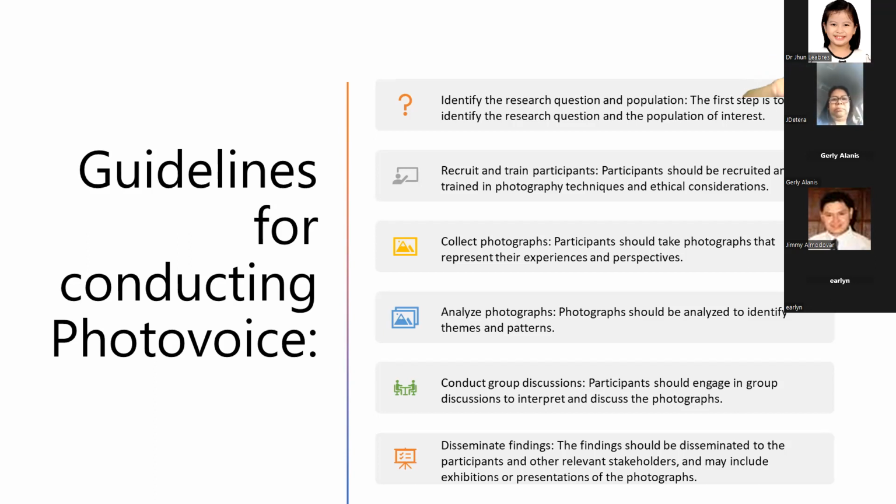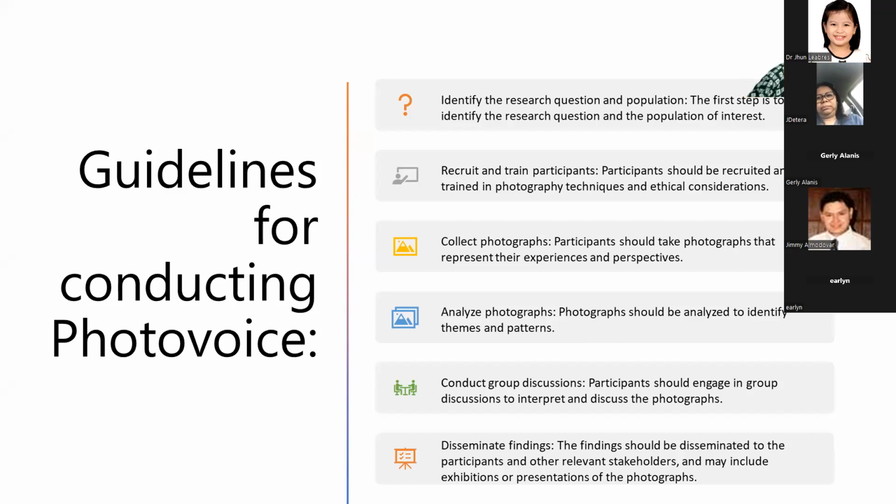A technique I do so that they don't see each other is I create a Google Drive and place all the pictures, and then I have coded folders for each one, and then they select which photos appeal to them. Because the selection of photos has to come from the participants. So they just score which photos appeal to them most.